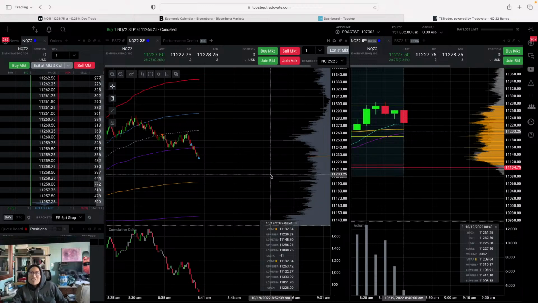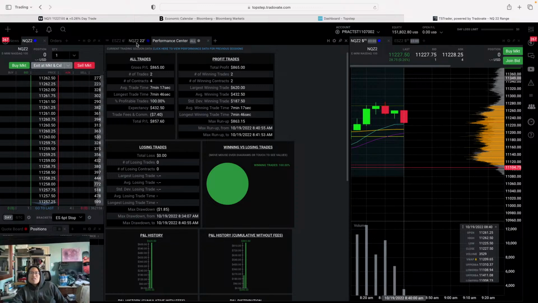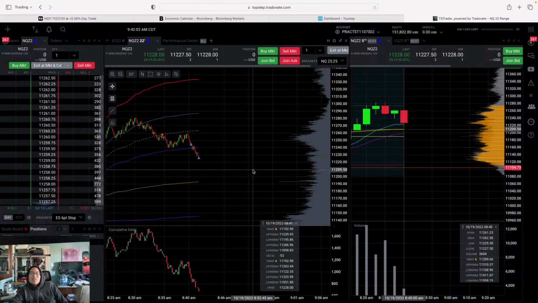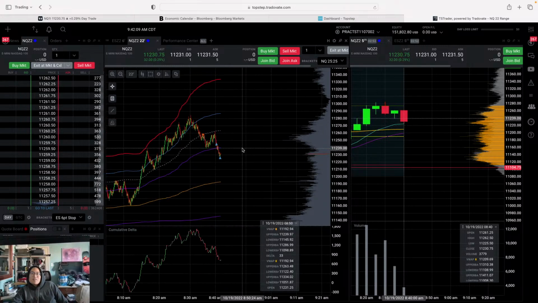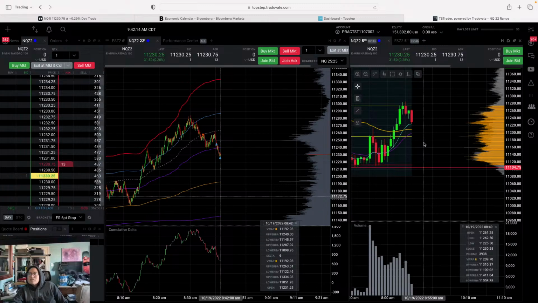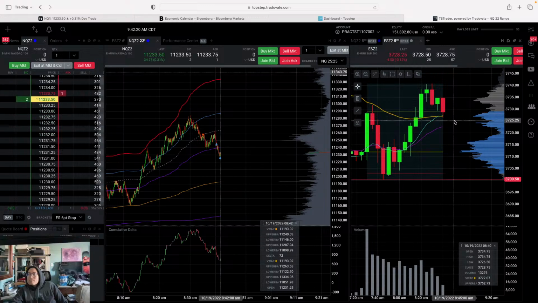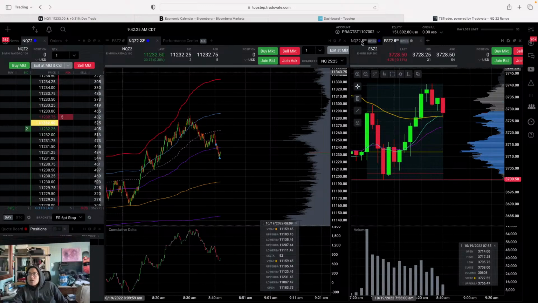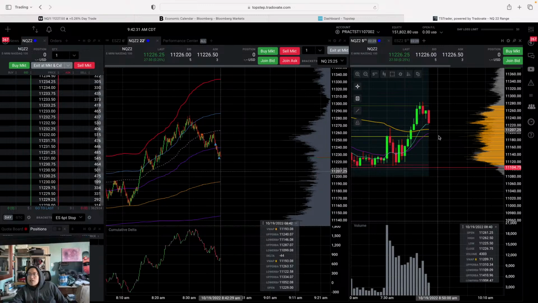Oh, there we go. Nice. Alright, so a little win there on the practice account. Do we reverse off of this VWAP? 10 EMA? NQ really more just off the 10. It's possible, right?